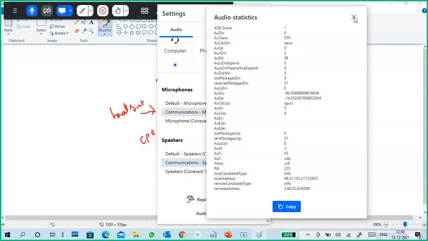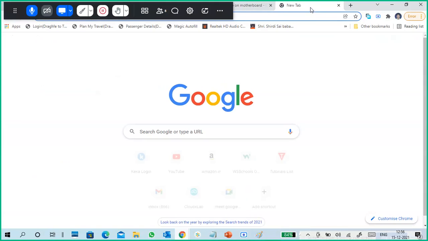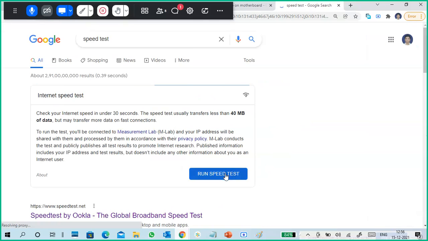Yeah, this is also not closing. Okay, better it is closed. One second, otherwise I will verify my internet speed again.